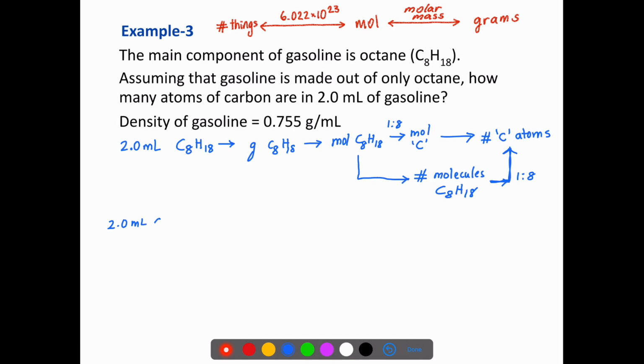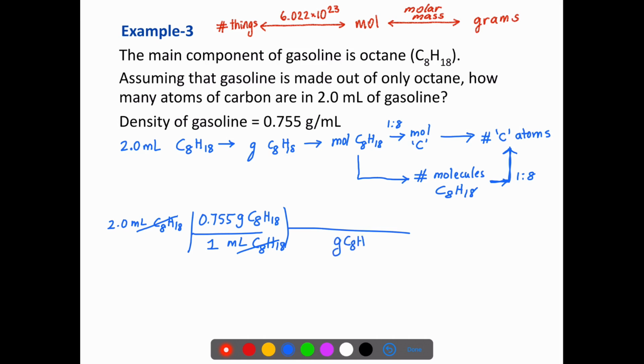2 milliliter octane to grams of octane. 1 milliliter weighs that much. So 1 mL is 0.755 grams. Milliliters cancel out. Next, go from grams of octane to moles using the molar mass.